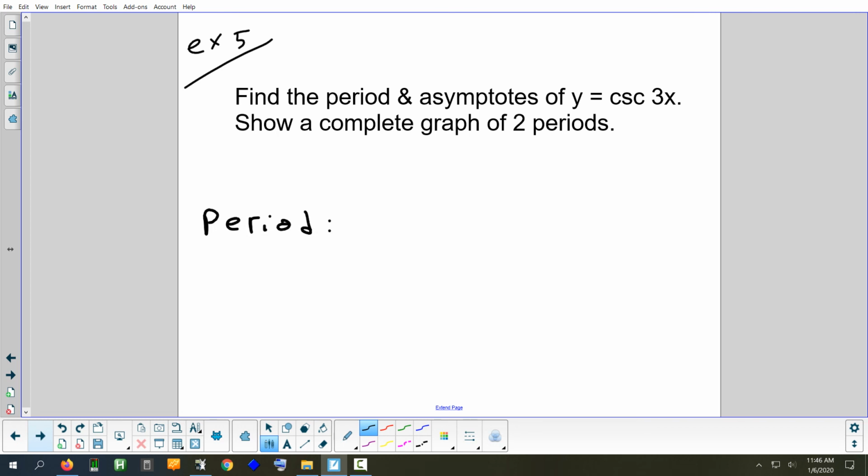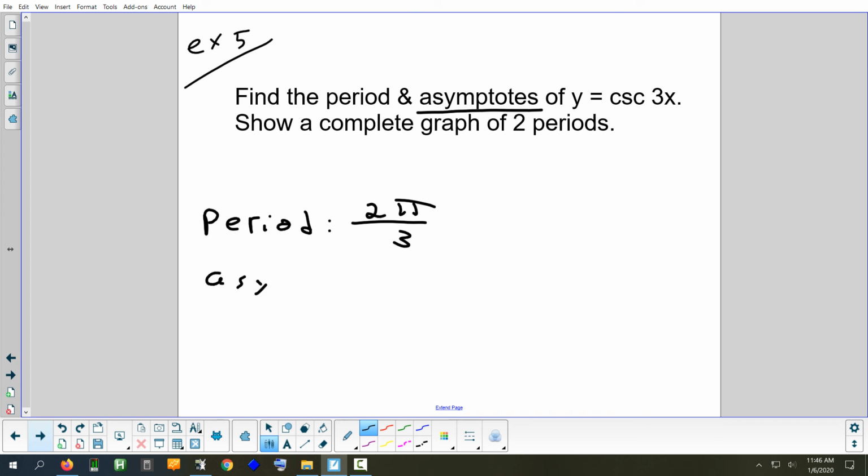What's my formula for the period of cosecant? Exactly. 2 pi over b, and in this case, b is 3. That's going to be important for doing the graphing calculator part of this problem. That's also going to be important for finding the asymptotes.